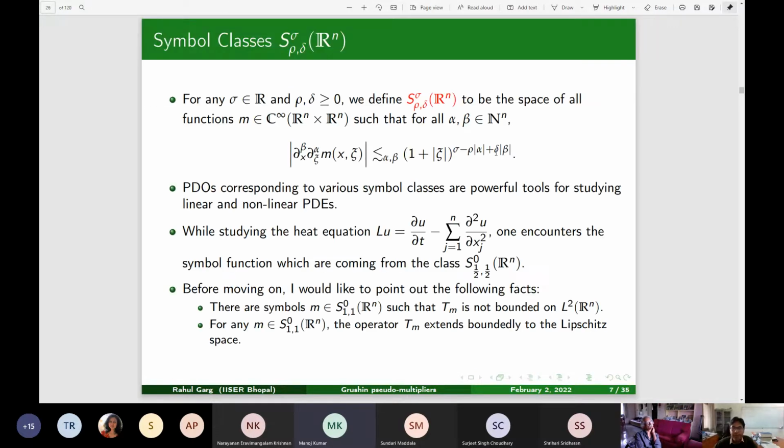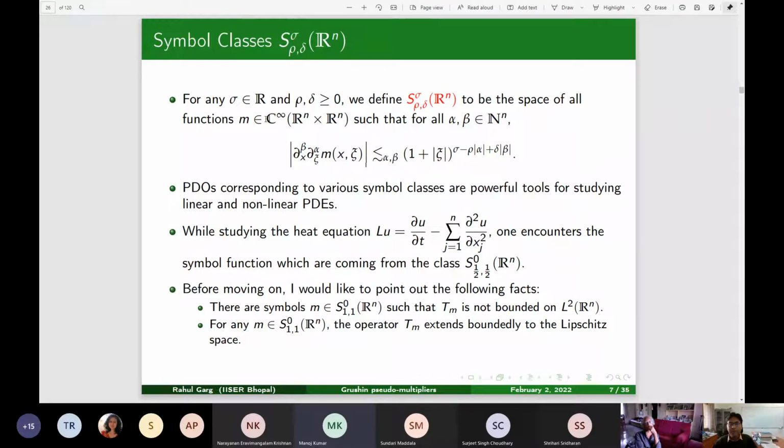If you go back to the definition, if you put sigma to be 0, rho to be 0, delta to be 0, you have nothing here. So this is saying that your derivatives are all bounded. Your derivatives in space as well as in spectrum, they are just bounded. So boundedness of the symbol as well as its derivatives are good enough to guarantee L2 boundedness.